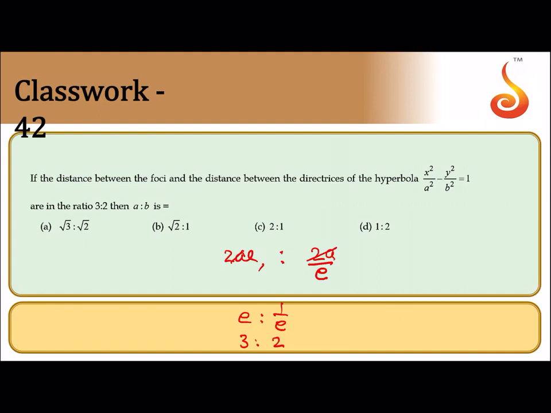They gave you 3:2. Then you have to calculate the a and b values. So the a to b ratio you get as root 2 by 1. Because e square is equal to 3 by 2, so the ratio will be root 2:1.